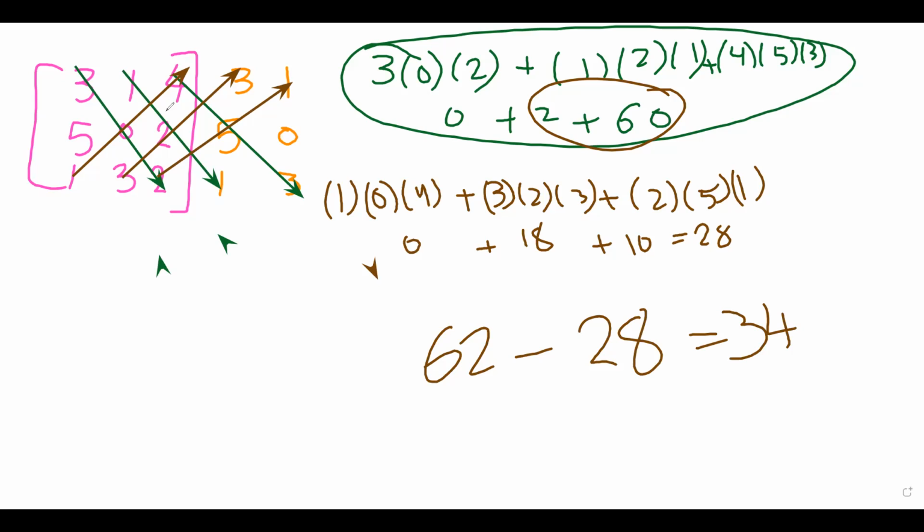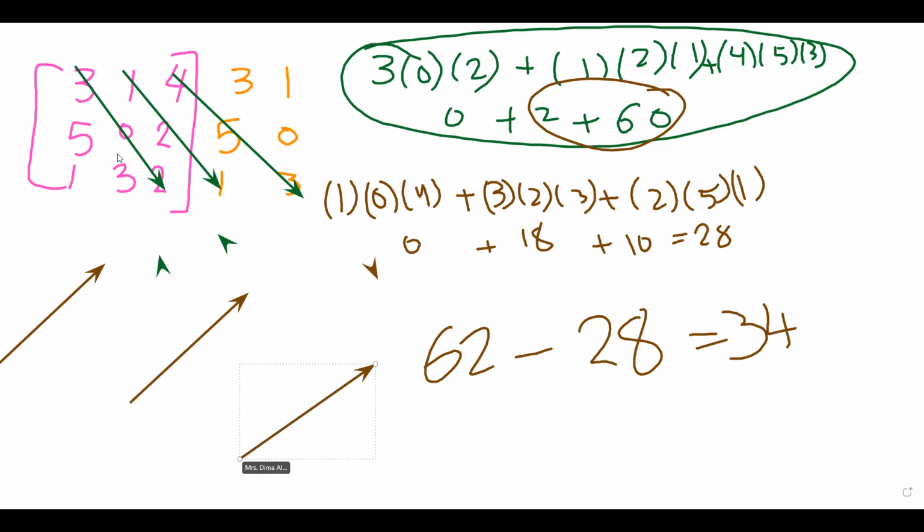I will repeat. Moving this down here. Let's start. Copy the first 2 columns, then make diagonals: 3, 0, 2, 1, 2, 1, 4, 5, 3. You must end here. Then start from the bottom now: 1, 0, 4.